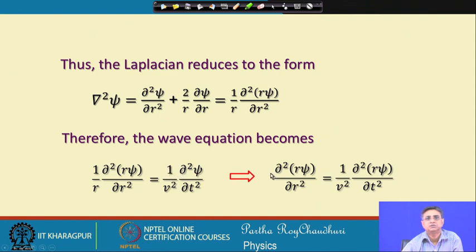So, using this we can write this equation in this form. So, this is the reduced wave equation in the spherical coordinates for the electromagnetic waves.